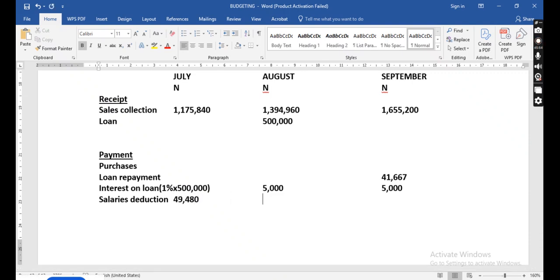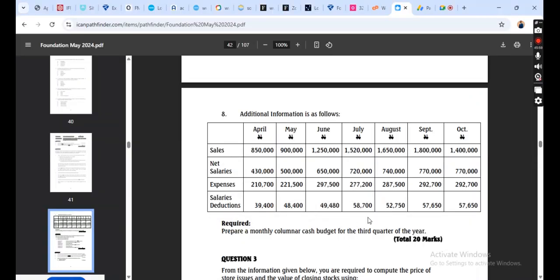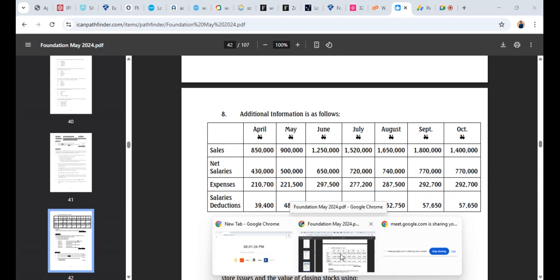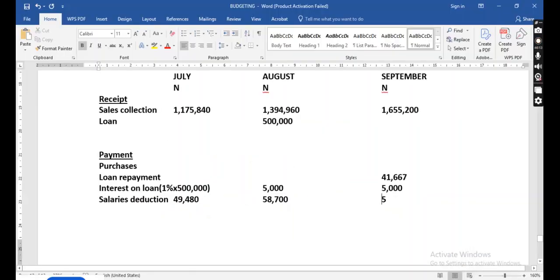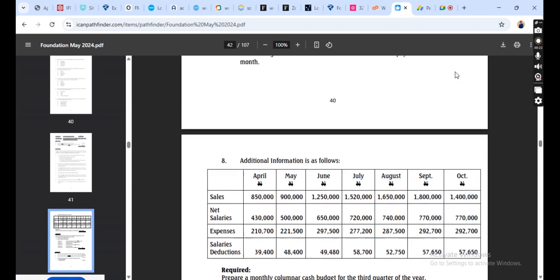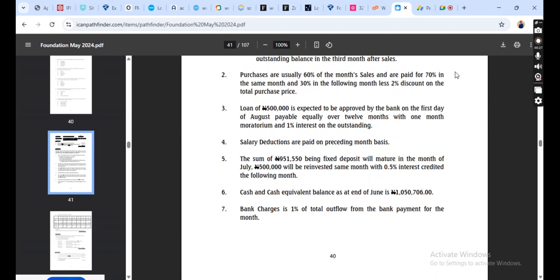Which one is for August? 58,700. Next, 52,750. Thank you. We are done with that part. We move again to the sum.